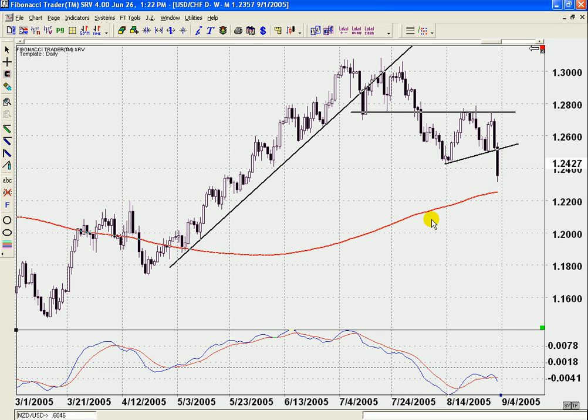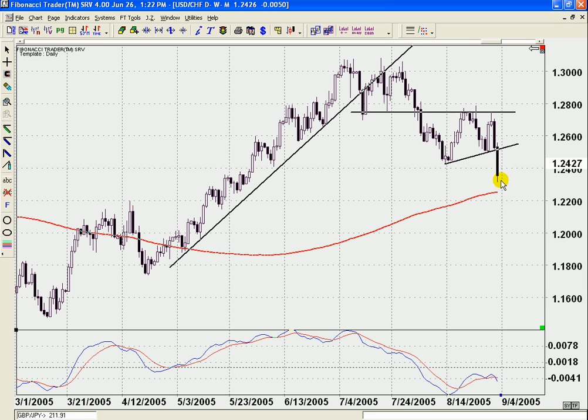And as we move down, we head towards this 200-day moving average. In the meantime, the MACD is diverging. It naturally just retraces as a result of this aggressive retracement. 1, 2, 3, 4, 5 up days in a row. And now we need to see a real strong, steady move.